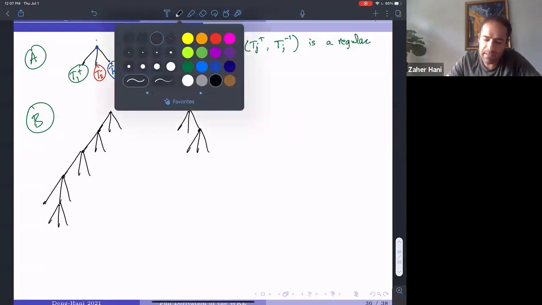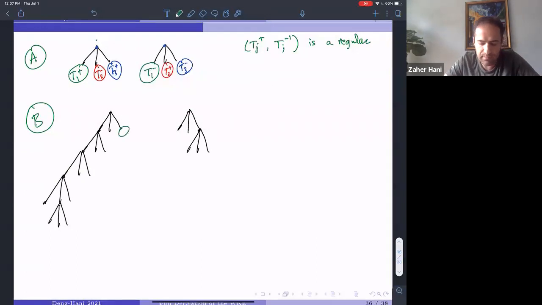And then remember in the mini tree you had something like this paired with this, and this paired with this, where those are nodes. And the same thing, for example, this paired with this, and this paired with this. So these are two chains of mini trees, and we call those a regular double chain.